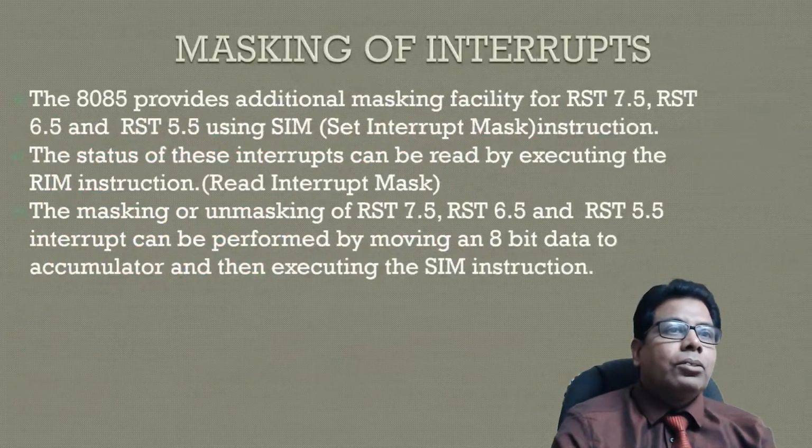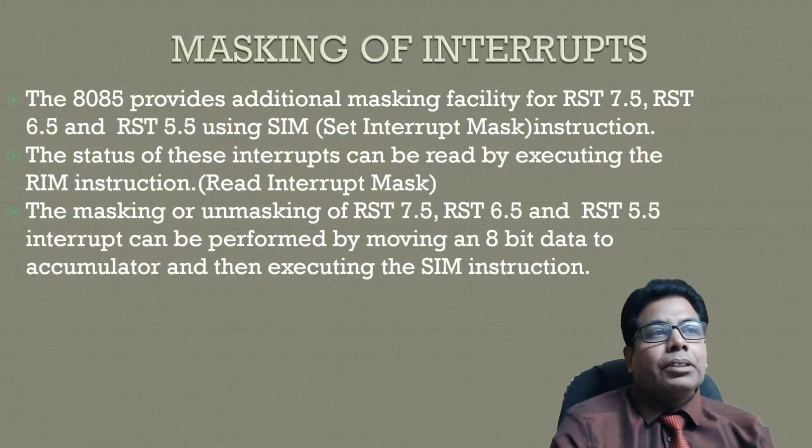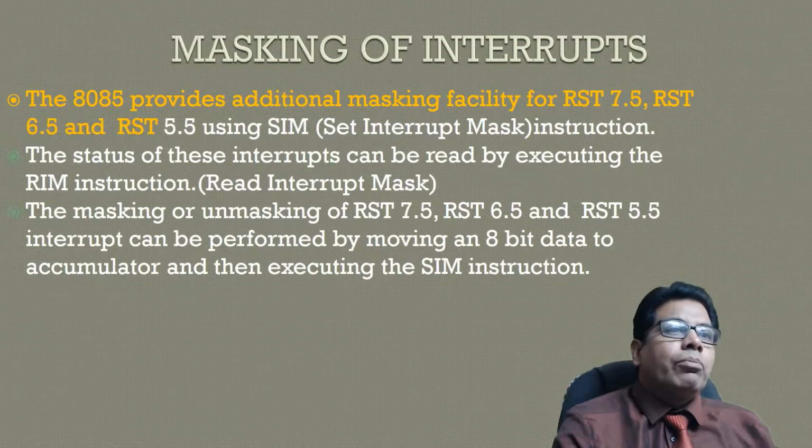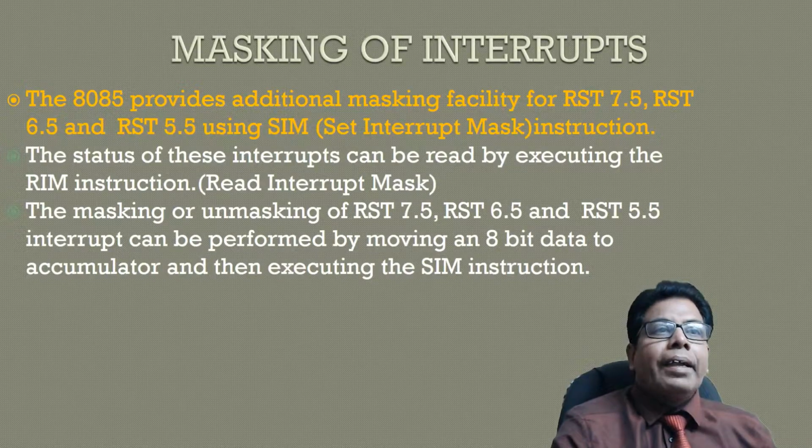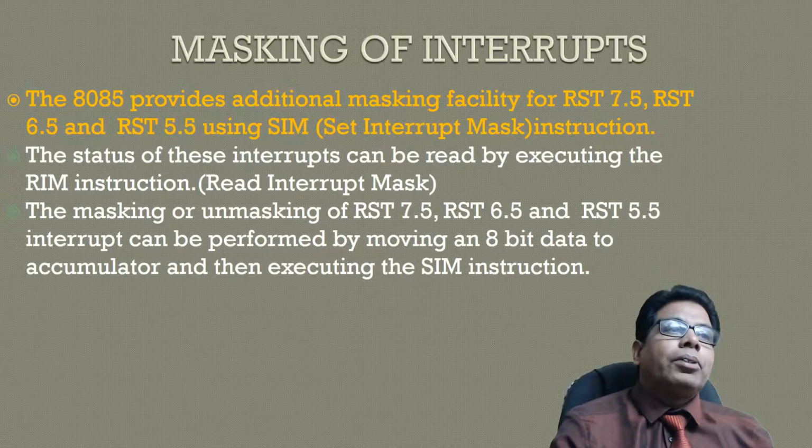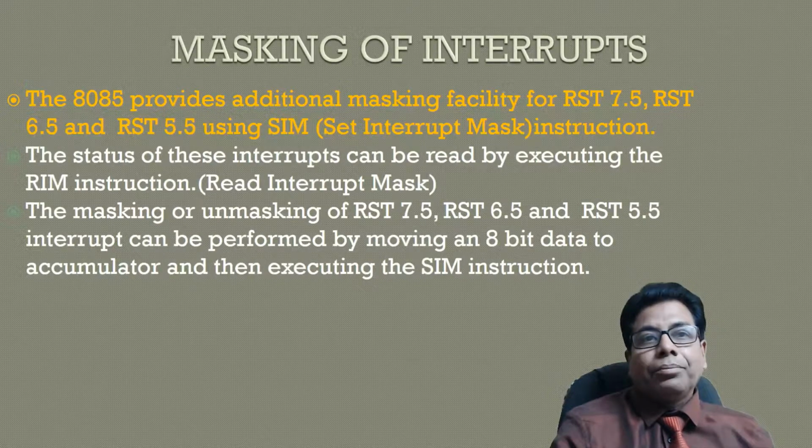Then let us see the masking of the interrupts. The 8085 provides an additional facility for RST 7.5, RST 6.5 and 5.5 using the SIM or set interrupt mask instruction.